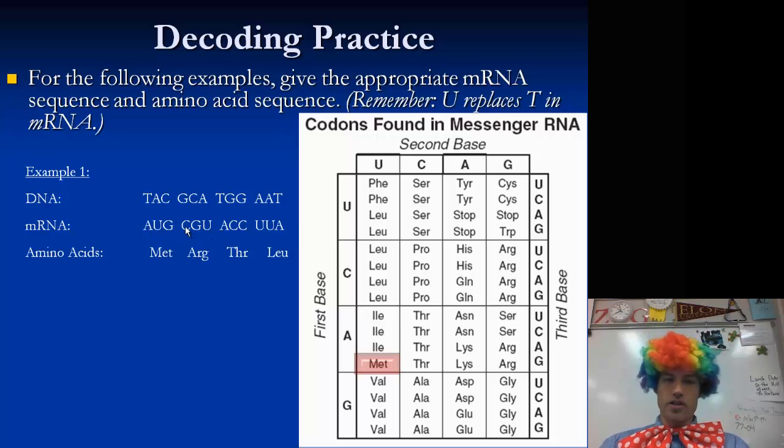Okay, and I can just go through the next one, CGU. CGU, that's going to be arginine, ACC, threonine, and then the last one, UUA, leucine. Okay, so here's the next one.